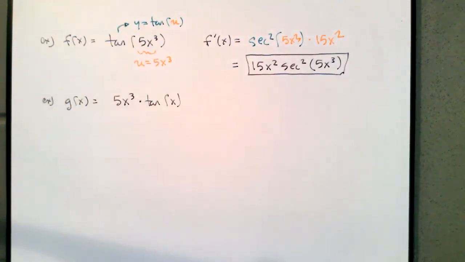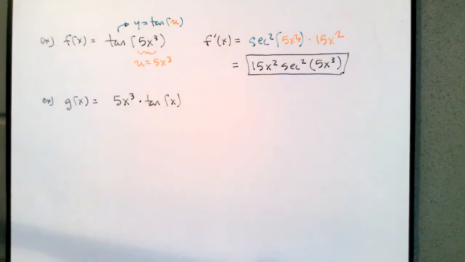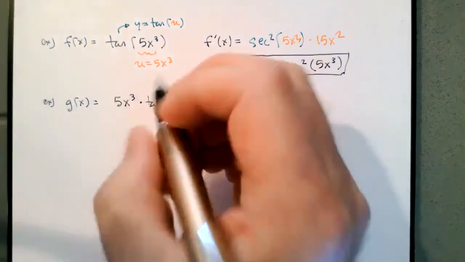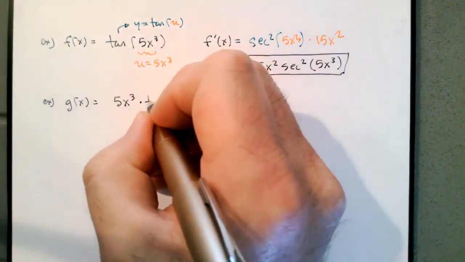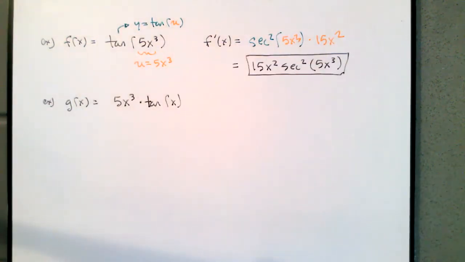So here, if we think about what happens, x gets cubed, then multiply by 5, and then we have to hold that and take the x and plug it separately into the tangent and multiply those two results. So this tells us that we're dealing with a product of 5x cubed and tangent of x.